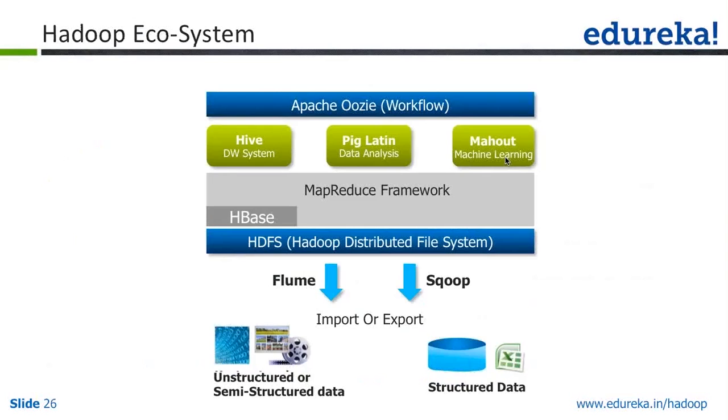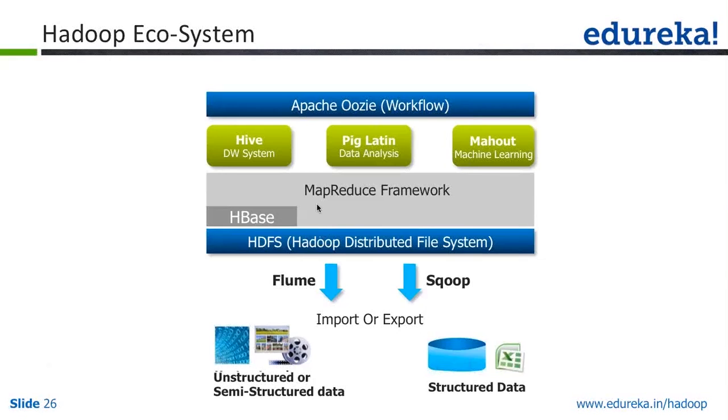What are the different components in the Hadoop ecosystem? You have the tool for loading data, which is the Hadoop distributed file system, and then you also have a NoSQL database in which you can load data, which is HBase. The MapReduce framework is the programming model which is used to read and write data from the distributed file system. We'll go into details of all these.